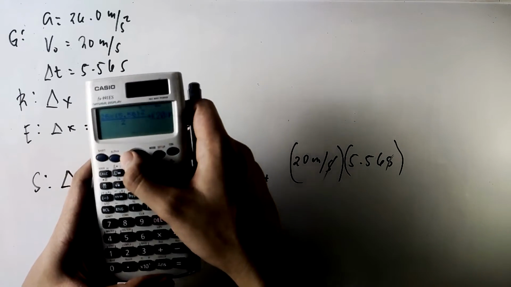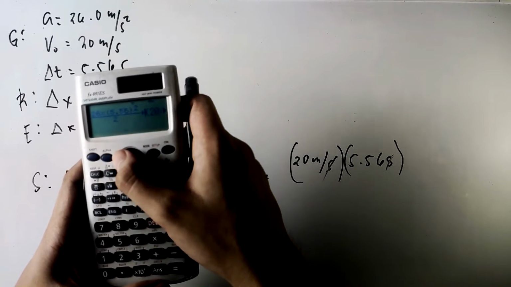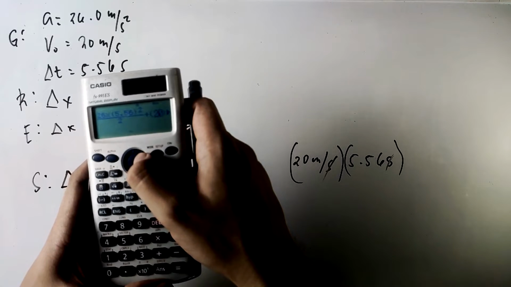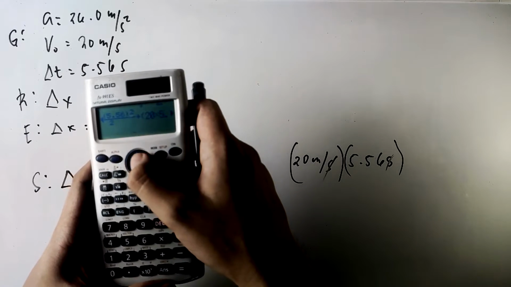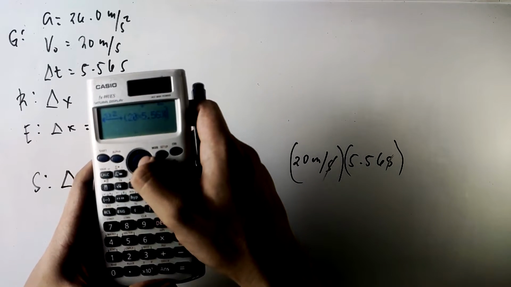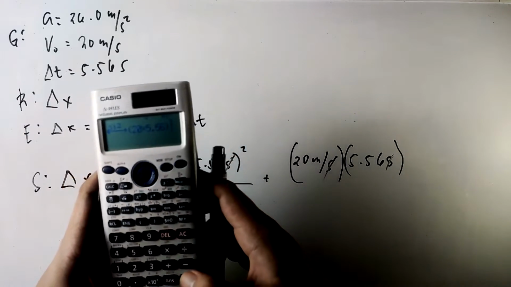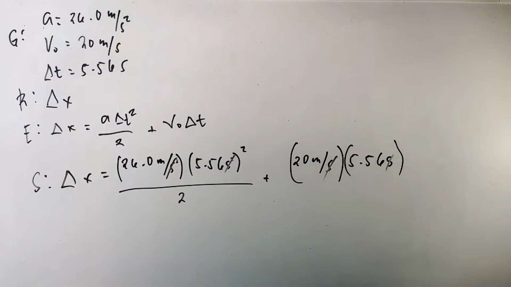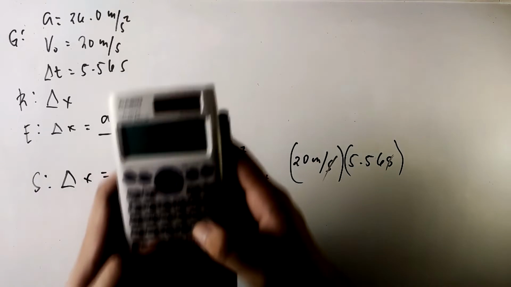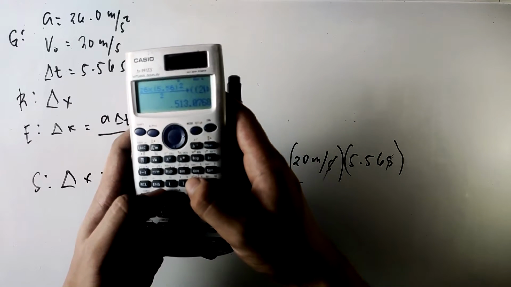Okay, there, can you see it? 26 times 5.56 to be squared divided by 2 plus 20 times 5.56. Oops, syntax error again, let me check. There you go. So what's the answer?